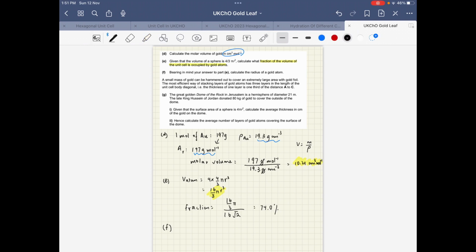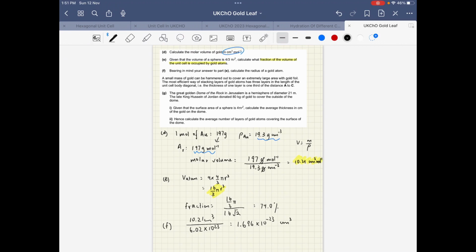So I can divide 10.21 cm cubed by 6.02 times 10 to the power of 23, which gives me 1.696 times 10 to the power of negative 23, and this is the volume of one gold atom.